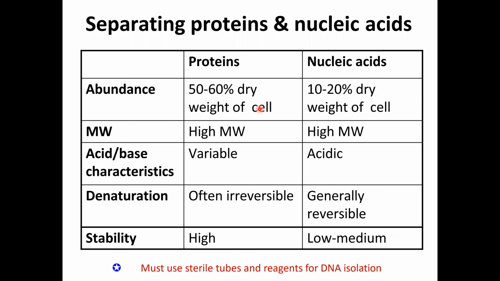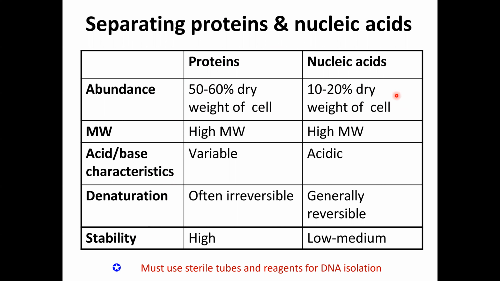Comparing proteins and nucleic acids in terms of abundance, size, acid-base characteristics, denaturation, and stability, there are actually differences between them. Proteins are most abundant, making up 50 to 60% of the dry weight of the cells, whereas nucleic acids are low, just 10 to 20%.